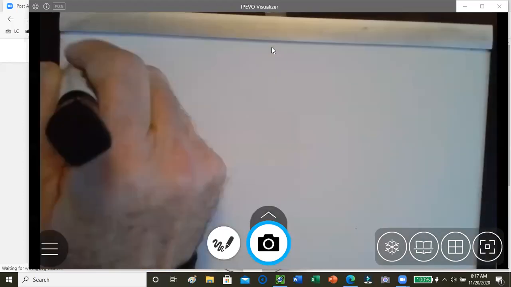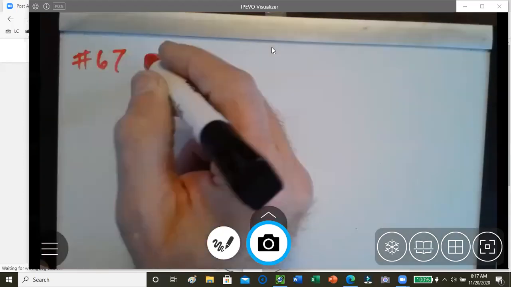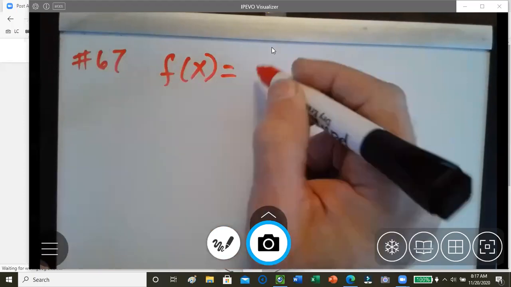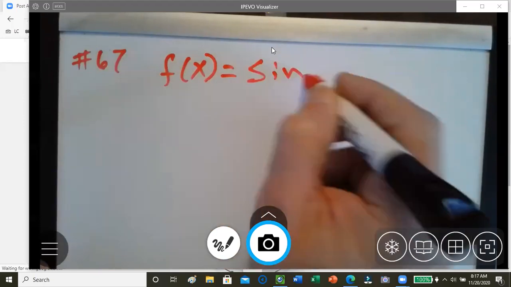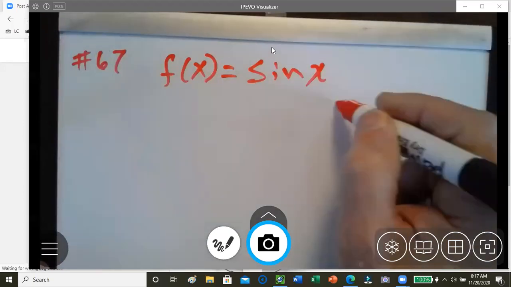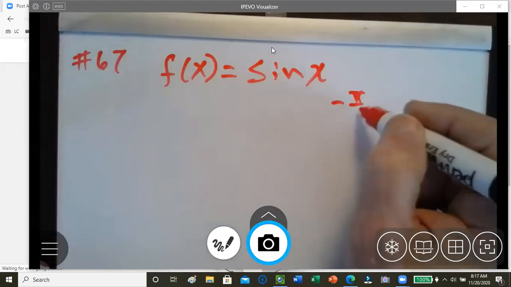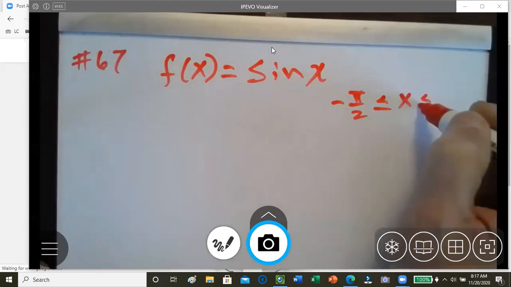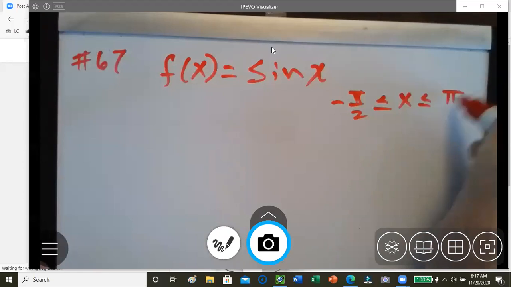So number 67, we have f of x equals sine x, where negative pi over 2 is less than or equal to x, and that's less than or equal to pi over 2.